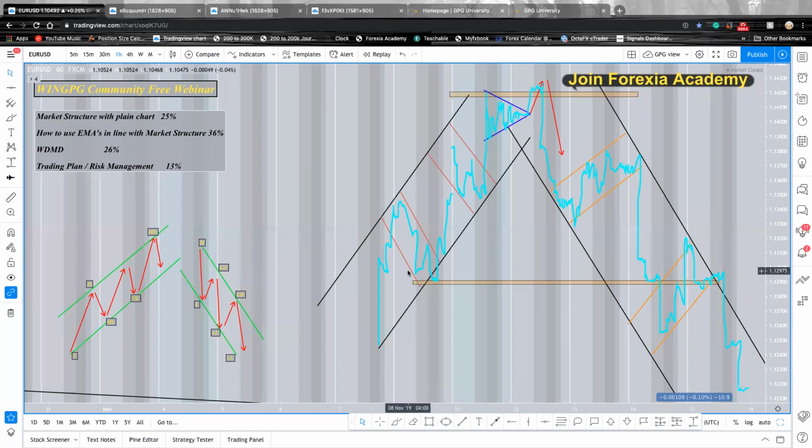So every time I say they're making an induction, basically they're stop hunting people who jumped in that major move, and at the same time trapping new traders to commit to the wrong direction.